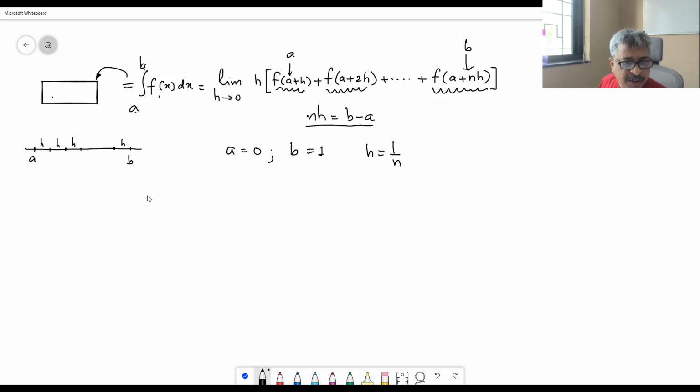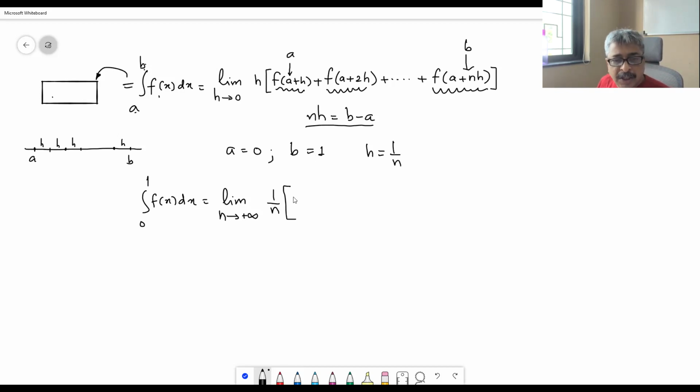So if we substitute this in the above formula, we get the formula: integral 0 to 1 f of x dx is equal to limit n tending to plus infinity, and n is a natural number because counting is taking place, first term, second term, etc. We have to replace h by 1 upon n inside the bracket.